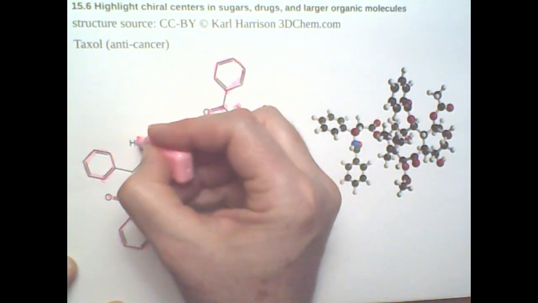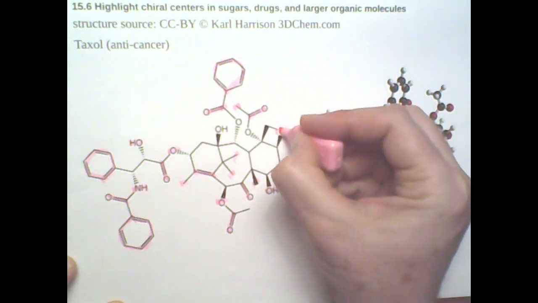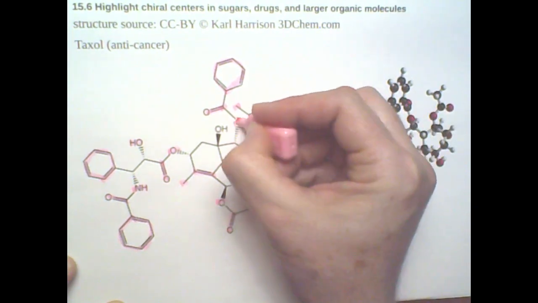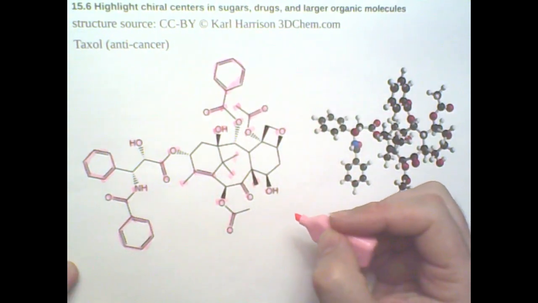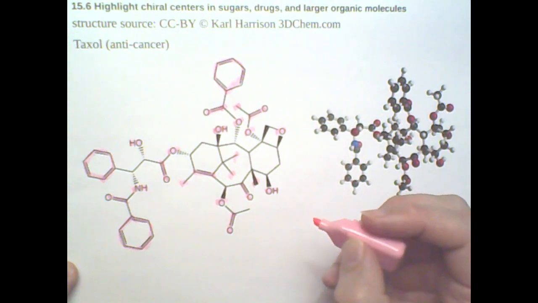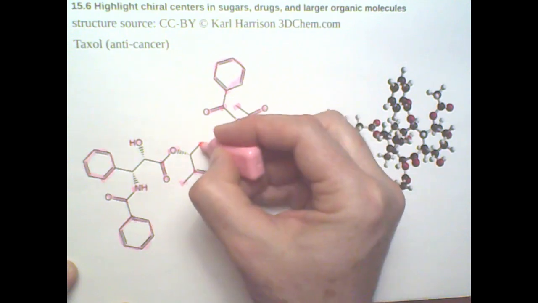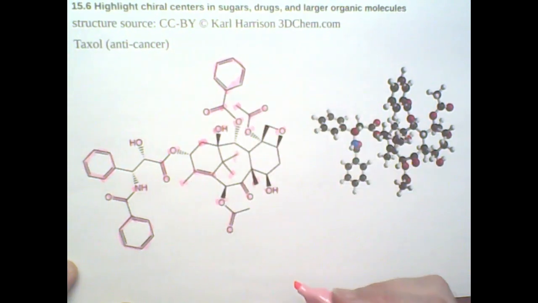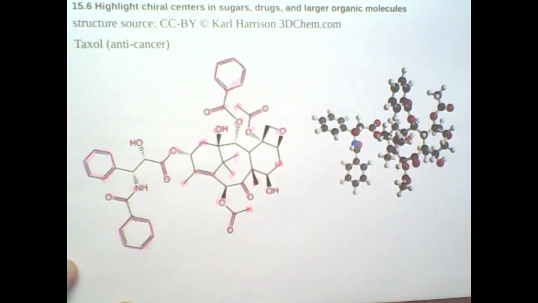So no chiral centers where we have an O or an N. No chiral centers where we have two or three hydrogens. So here they're two hydrogen. Here there are three, here there are two. All of those are out.